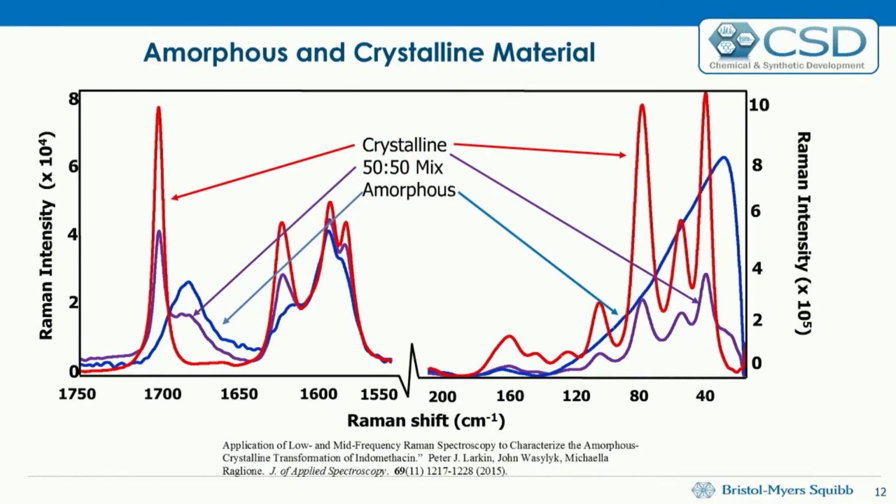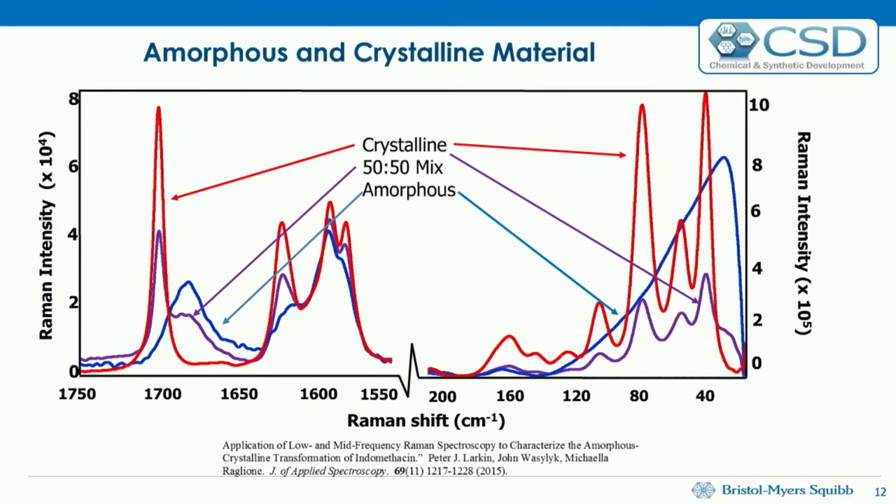Now, this is from earlier work. This work was done by Michela Raglione under the direction of Peter Larkin a number of years ago. The reference is enclosed there. And I've included the higher frequency ranges along with the low frequency. If you notice the scale on the left-hand side versus the right-hand side, it's easy to differentiate the amorphous material and the intensity of the crystalline material.